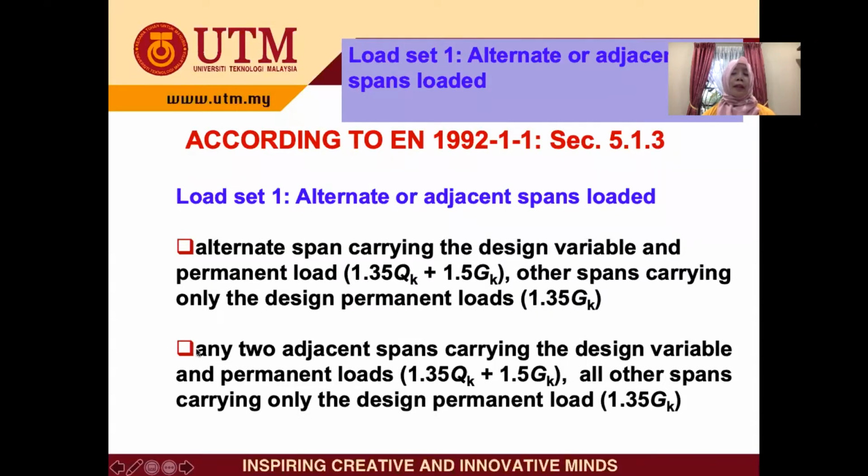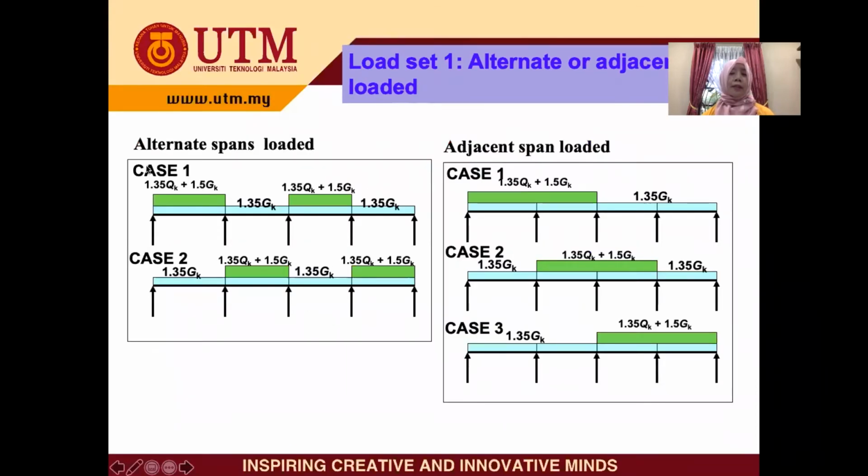The other case is any two adjacent spans carrying the design variable and permanent load, and all other spans carrying only the design permanent loads. So this is what the Eurocode suggested. The first one is alternate span loaded.